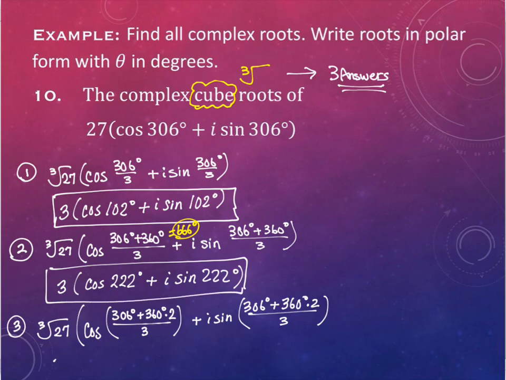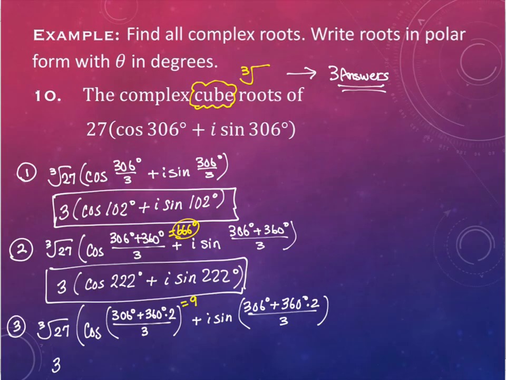Now, again, the third one, there's a 3. And then what's 306 plus 360 times 2? So 306 plus 360 plus 360. What do we get? I don't have this written down. Somebody's going to have to tell me. Do you have it, Shaylin? What is 306 plus 360 times 2?